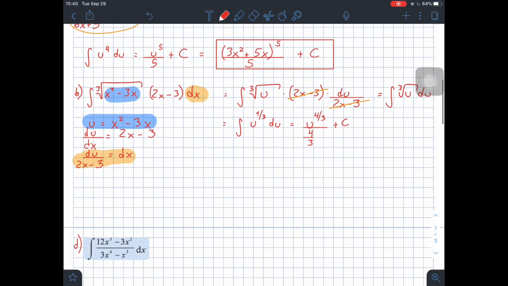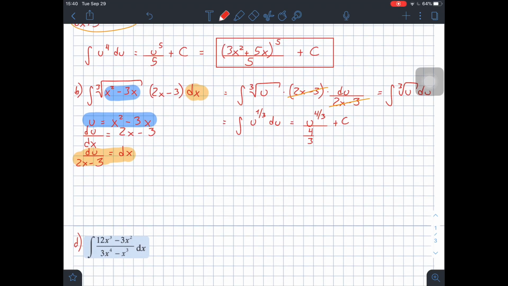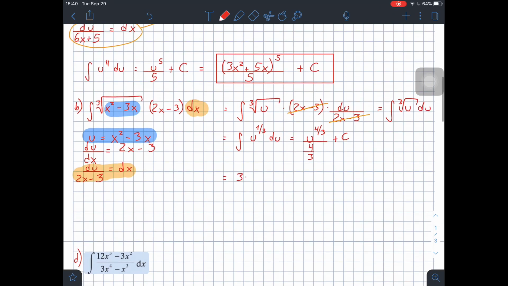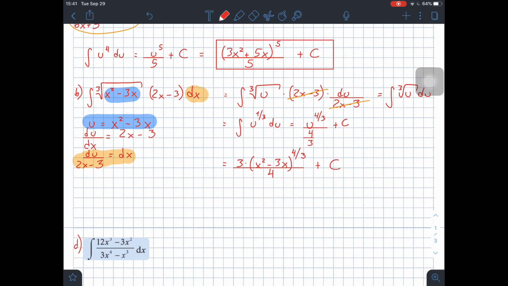So then if I reorganize terms, this would be equal to 3 times, instead of writing u, I'm going to go back to the original expression, which is x squared minus 3x, all to the power of 4/3, divided by 4, plus c. And this would be the answer for this particular integral. Okay? I hope this is getting clear for you people.